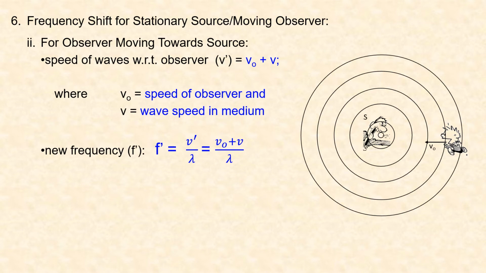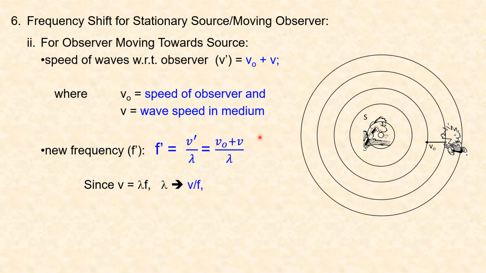So for the new frequency, remember on the last slide we said the wave equation looks like this. The new frequency happens because there is a change in the wave speed relative to the observer here, but not because the wavelength changes. So when we substitute this new wave speed in, keeping the wavelength the same, and we substitute in the wave equation v equals lambda f, lambda therefore is equal to wave speed divided by frequency.